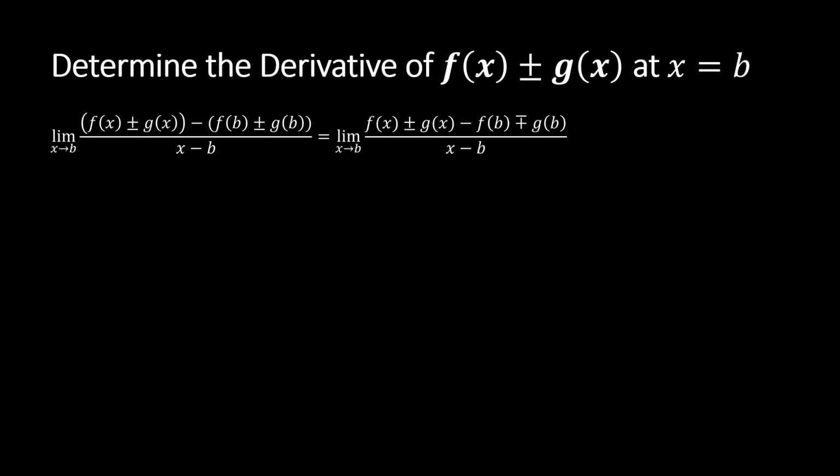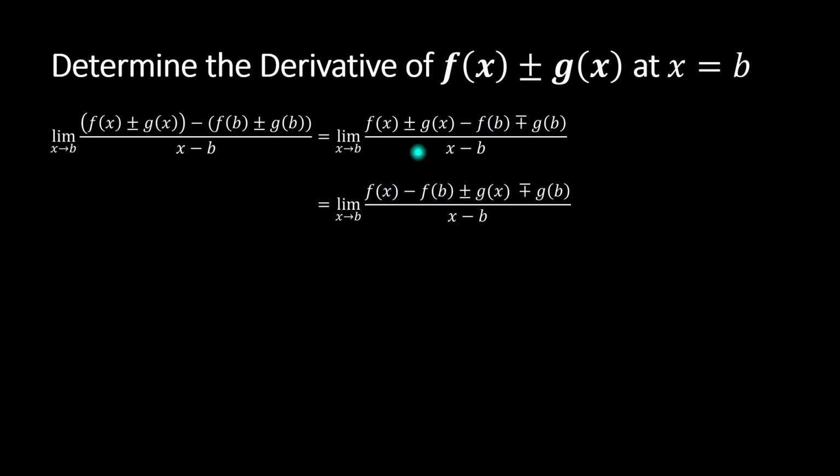Okay, to be clear, going from here to here, all we've done is distribute that negative sign. So the f of b becomes negative, and for g of b, the sign flips. If it were a plus, it's going to become a minus, for example. Next up, what I'm doing here is regrouping the terms.